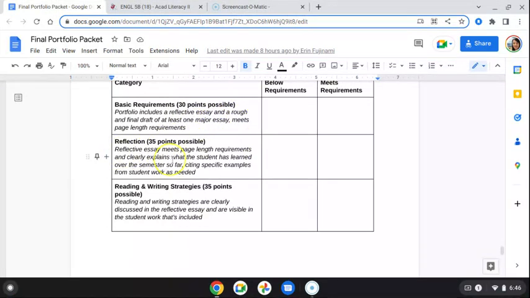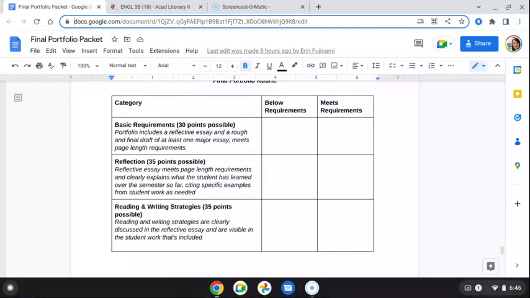Then the reflection portion. So are you reflecting in a way that is meaningful and shows me that you're really thinking about your skills and your progress throughout the semester? 35 points available there. And then your reading and writing strategies. So are you naming those things? Are you talking about the vocabulary that we've been talking about in class?